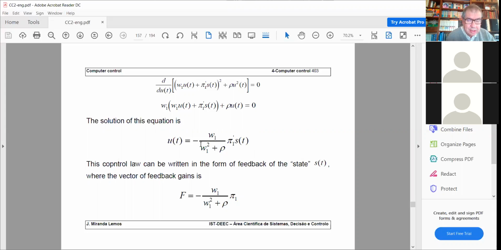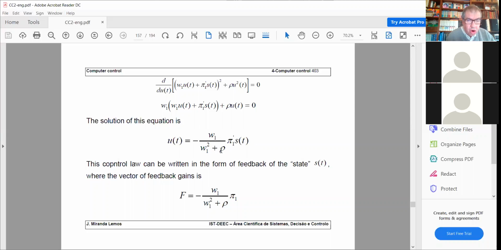And so this is very much similar to the LQ control. Instead of having a state, actually it's a state, but it's a non-minimum state, because we have, say, 3 variables for a second order plant. But it's a feedback, and this is the vector of the feedback.